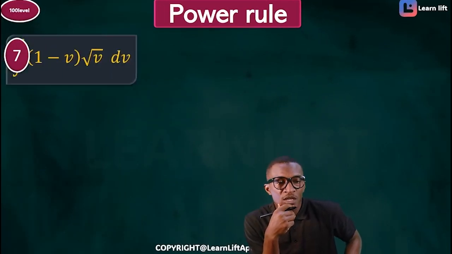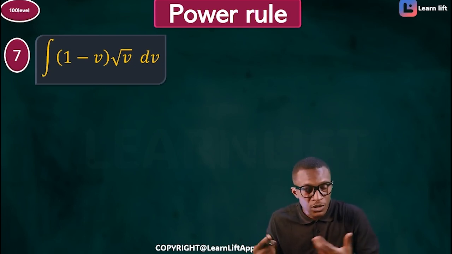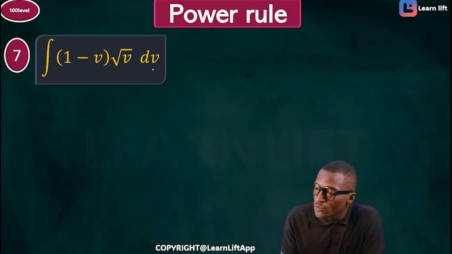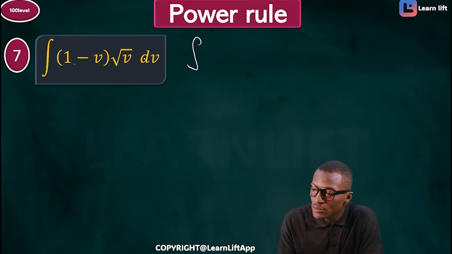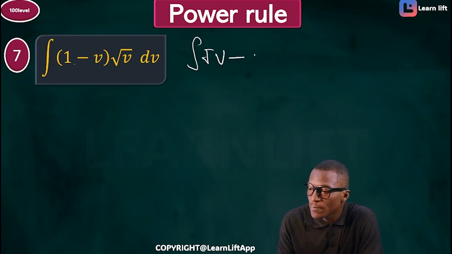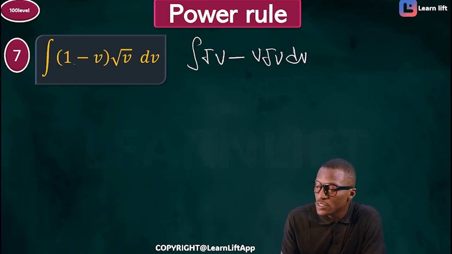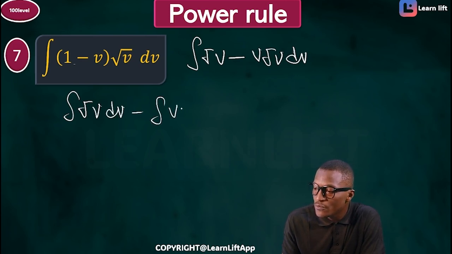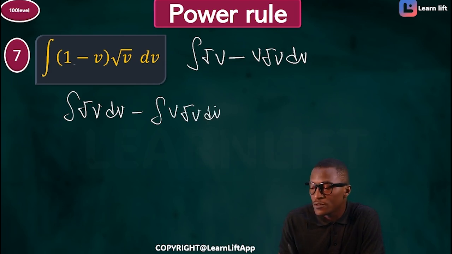Practically, let's go to question 7. We are just trying to solve, because the more we solve, the more our hand will be strong. So let's expand this. This practically becomes the integral of 1 times this will give me root v, right? V times this, minus v root v. So this is the same thing as saying the integral of root v dv minus the integral of v root v dv.